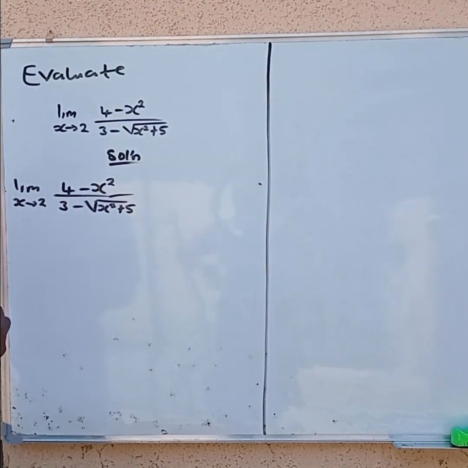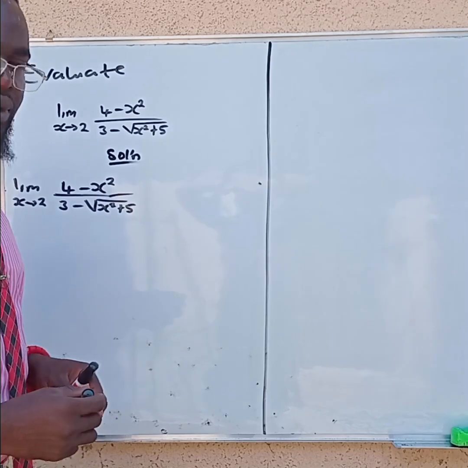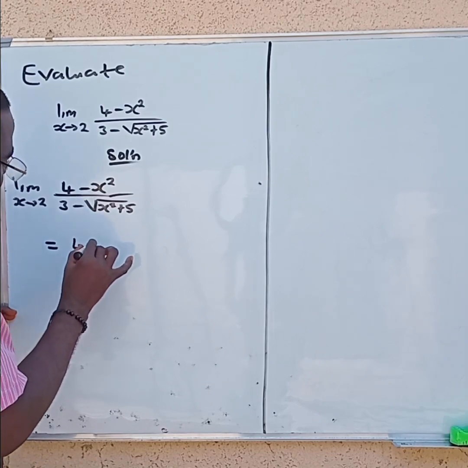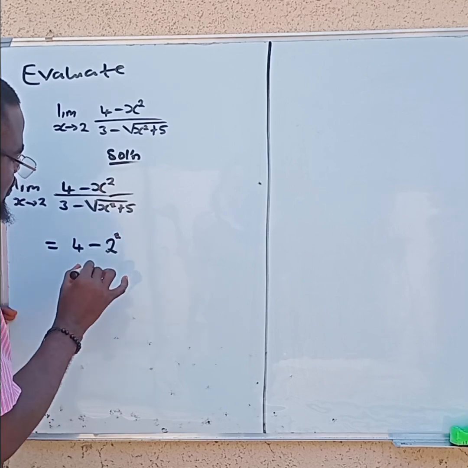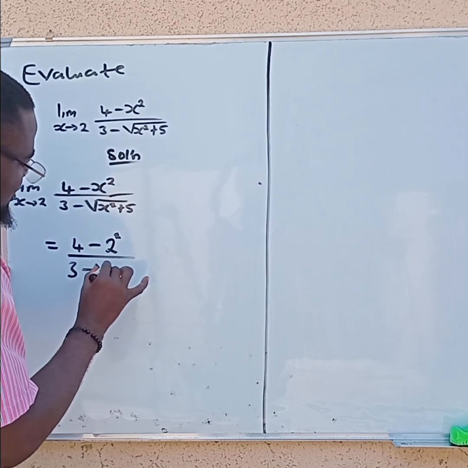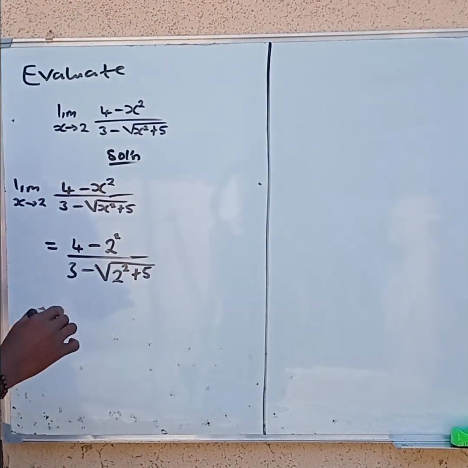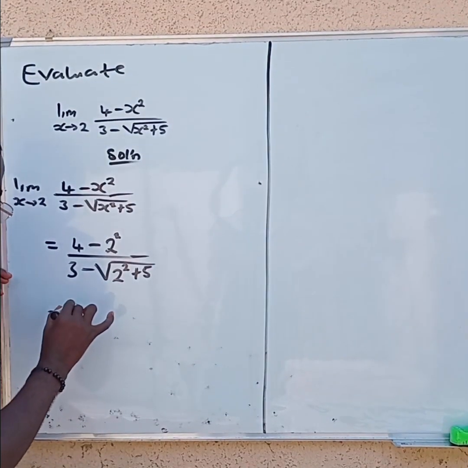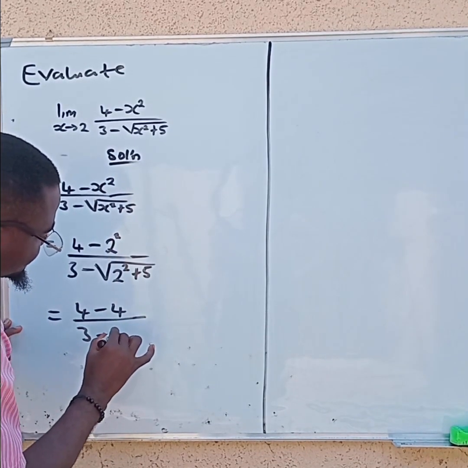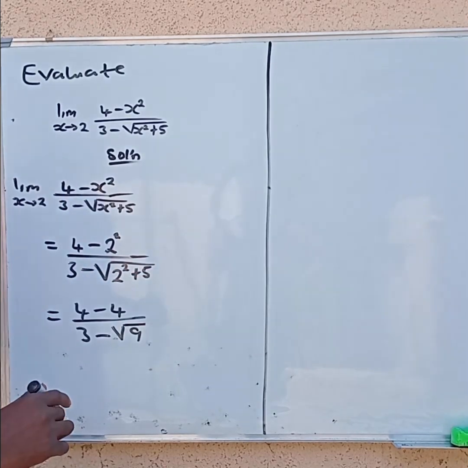Now, this is what you have. The first thing to do is to substitute directly. And this will be what? 4 minus 2 squared over 3 minus root 2 squared plus 5, which is the same thing as 4 minus 4 over 3 minus root 9, because 2 squared is 4, 4 plus 5 is 9.